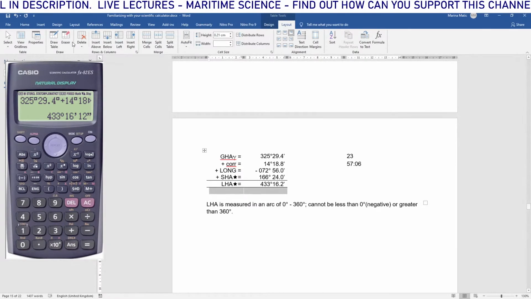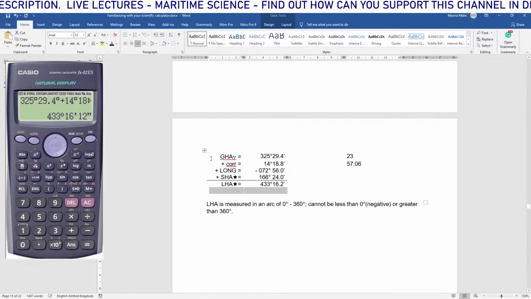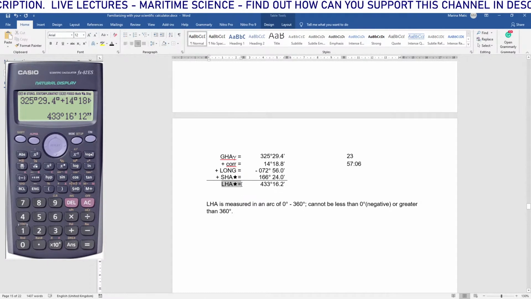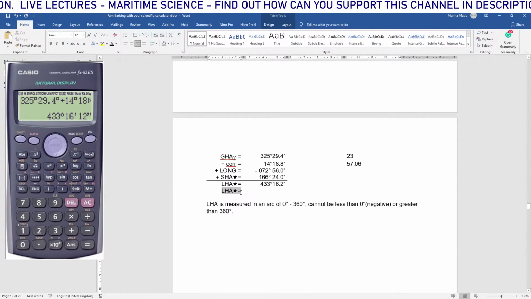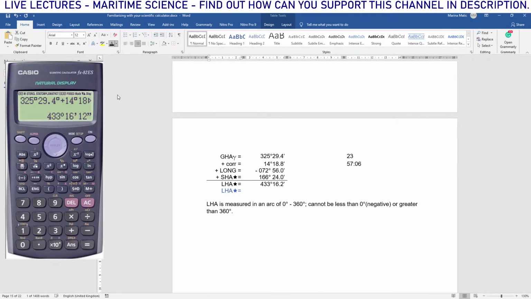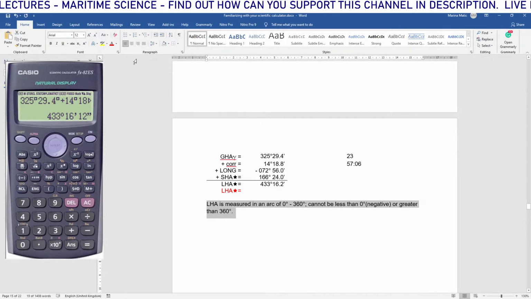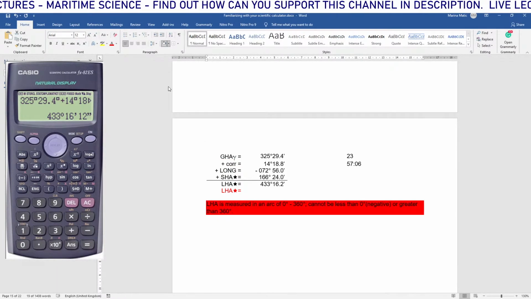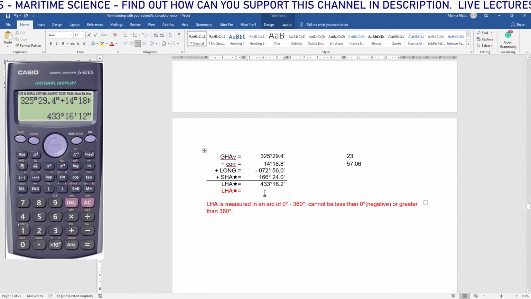Let's remove the border for this one. So LHA, copy here, and let's put this in red, and let's put the warning also. LHA, so minus 360.